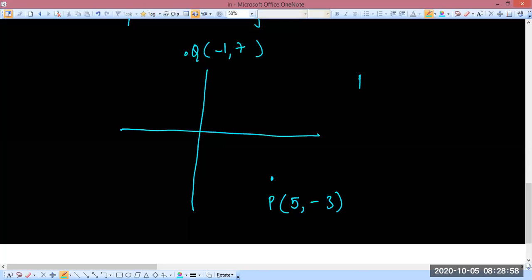Come on, can you write what is PQ vector in form of components? Writing in form of components means writing in form of i caret and j caret. Okay, do it, come on. PQ vector. Yes, Dev.